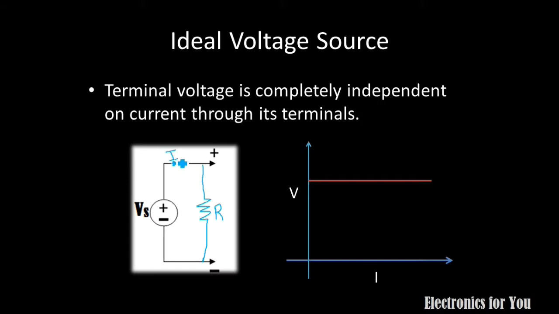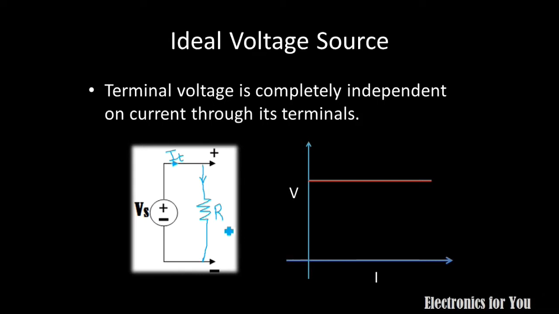Let that current be IT. This current will depend on the value of this resistance. If this resistance is very high, the current is low. But if the resistance is very low, the current will increase.